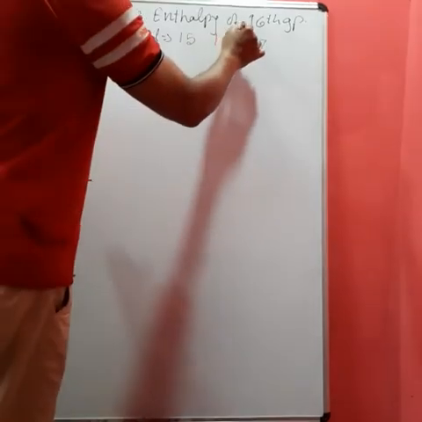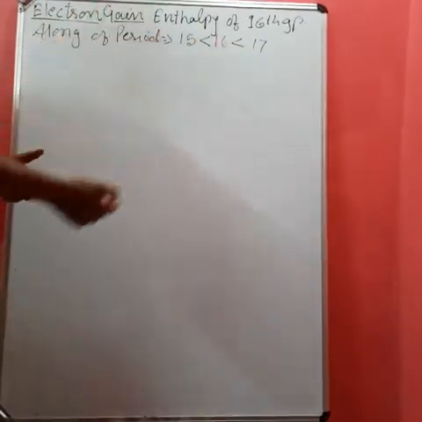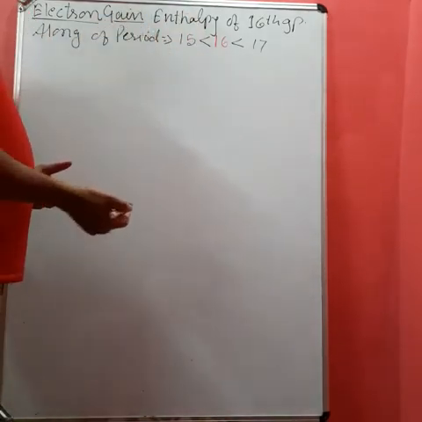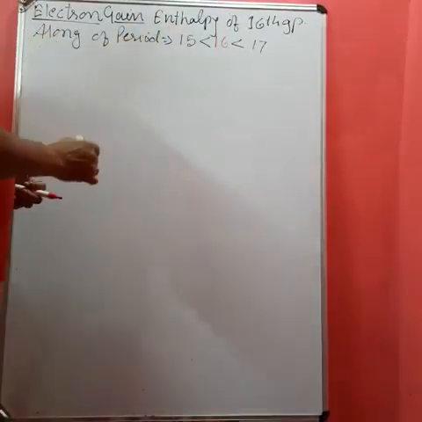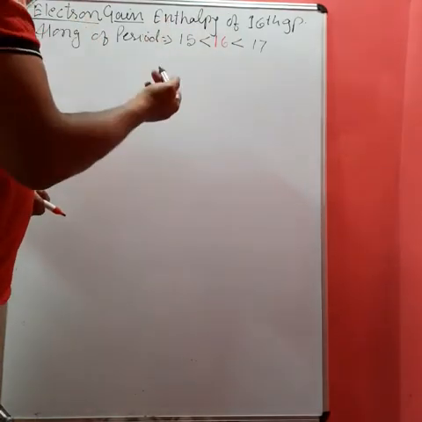So there is a simple trend. The 17th group element have very high electron gain enthalpy as compared to 16th group, and consequently the 16th group element have again high energy as compared to 15th group elements. Actually there is no exception at all.